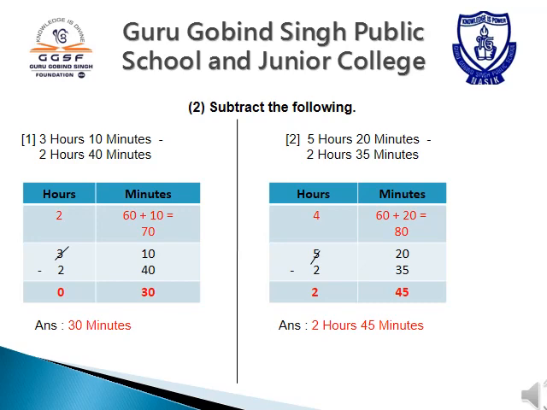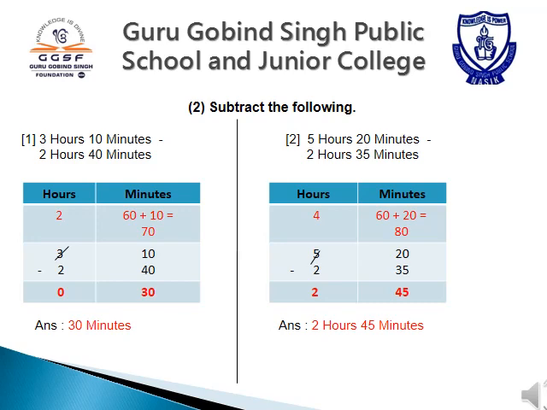Now second example, 5 hours 20 minutes minus 2 hours 35 minutes. In that I have put the numbers into the columns. We know we cannot subtract 35 minutes from this 20 minutes. Here again we have to borrow 1 hour from this 5. So when we borrow 1 hour, that 5 becomes 4 hours, and 1 hour when we write in minutes column, it will become 60 minutes.